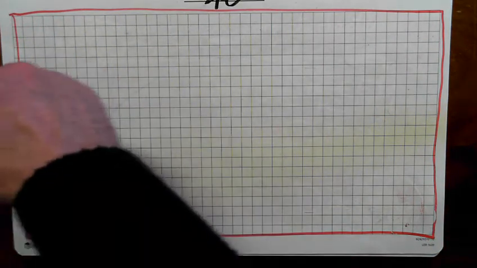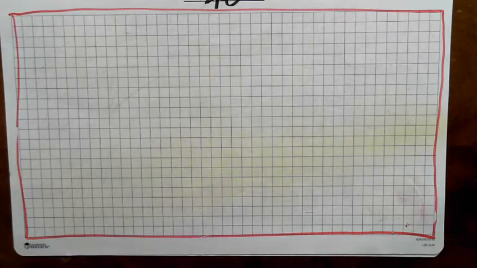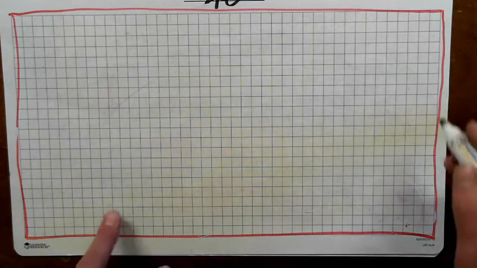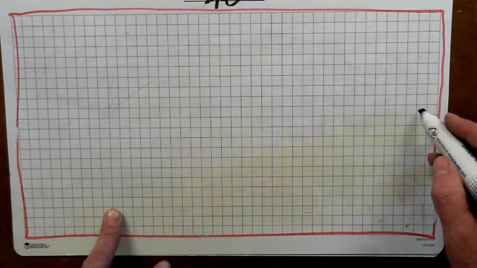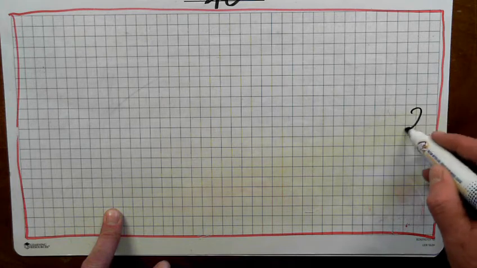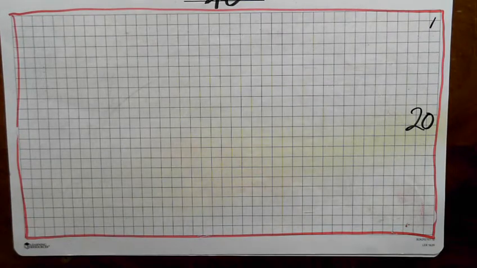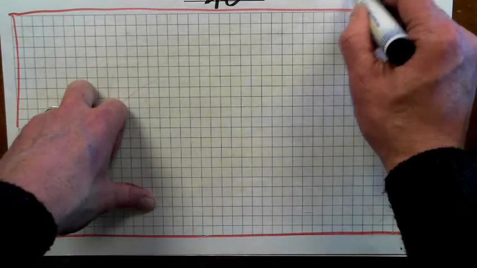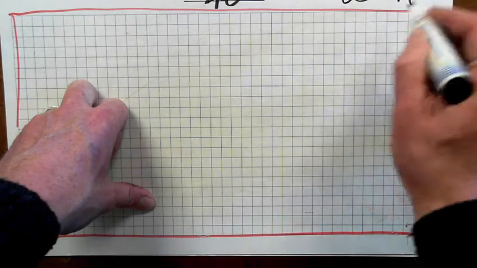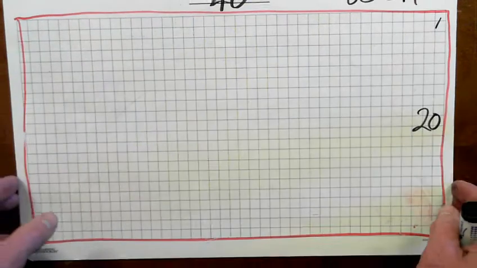Roughly 40 squares across there, and I'm going to use 20. So what's the area of the field in total? 40 times 20? 800 meters squared is the area of the field.